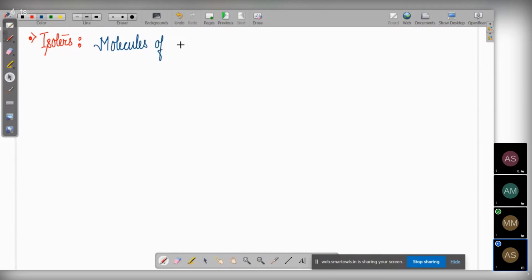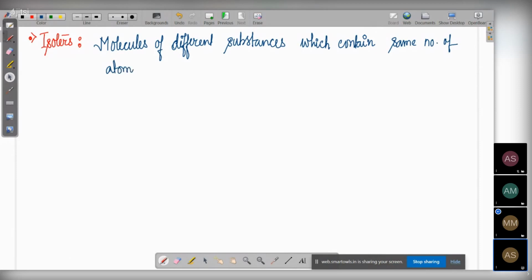Okay, we are doing isotars. Isotars are molecules of different substances which contain the same number of atoms and the same number of electrons.